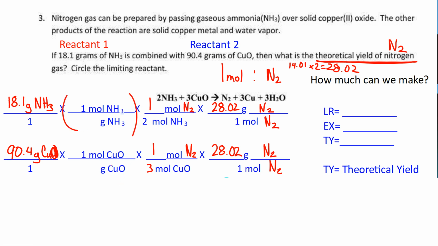All right. Now, what am I missing? Molar mass. So molar mass of NH3 is 17.04. Molar mass of CuO is 79.55-ish. All right.